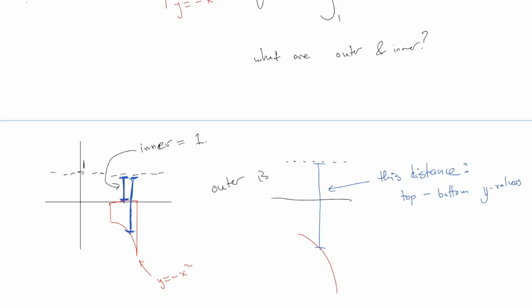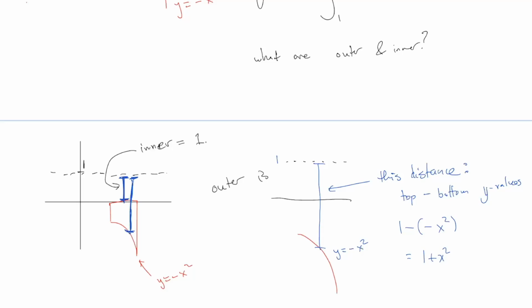The y value at the top is 1. The y value at the bottom is y equals negative x squared. And so this is 1 minus negative x squared, also known as 1 plus x squared. This, in my opinion, is a little tricky, because this 1 plus x squared is the outer radius, which actually looks quite different from the function, negative x squared. You have to be very careful about starting with a function and changing it into this format.